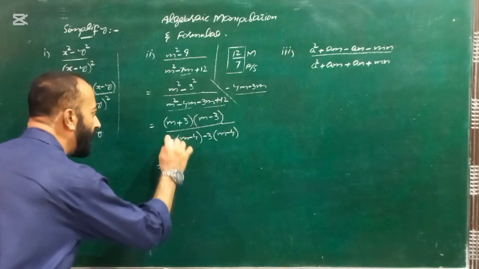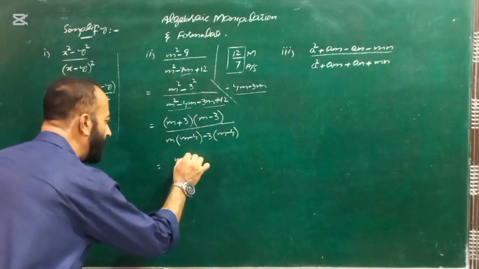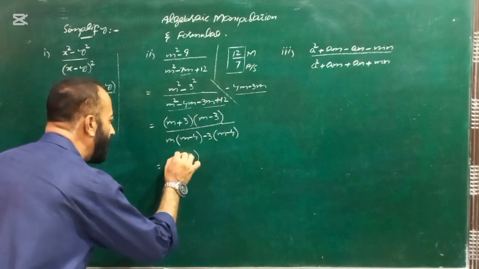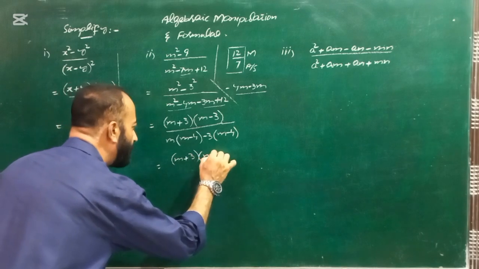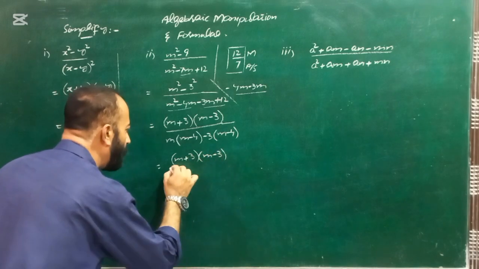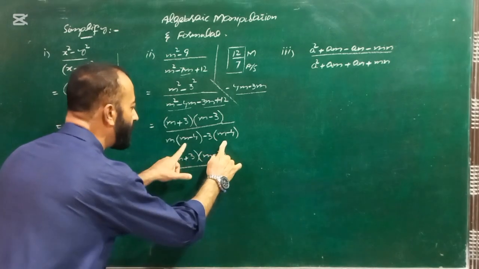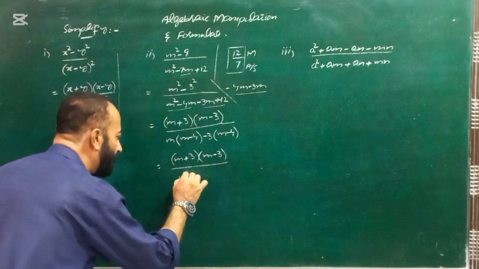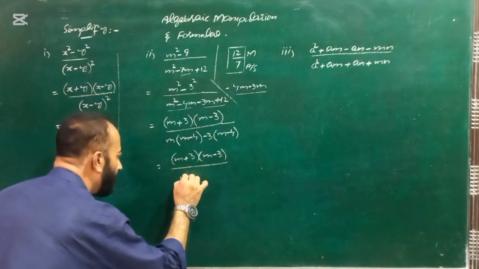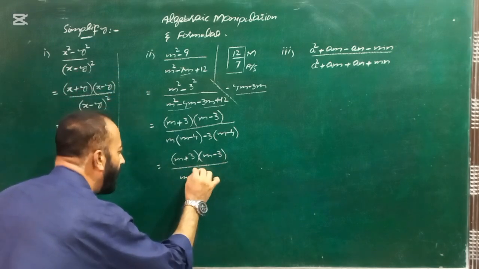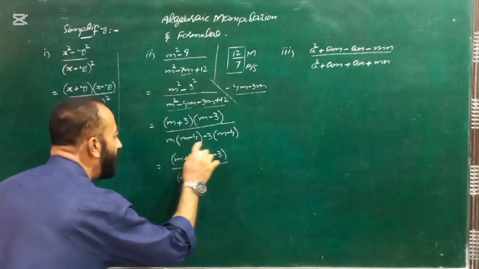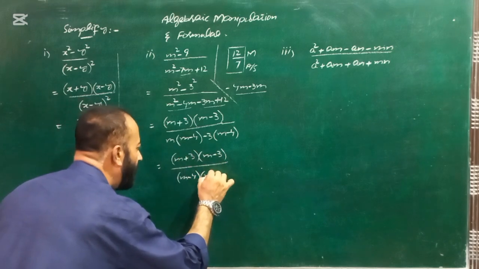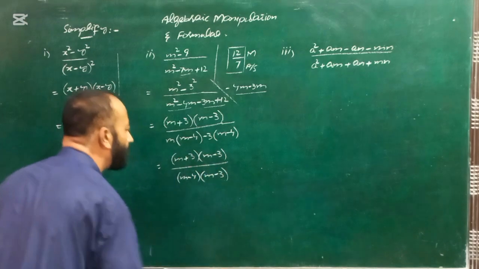So in the next step the numerator will remain as it is, that is m plus 3 into m minus 3. And in the denominator the brackets which are the same will be written once, and the values which are outside the bracket will be written in the second bracket.